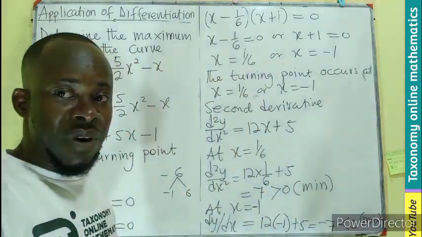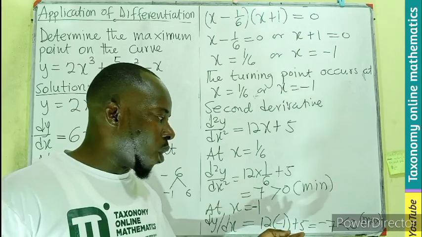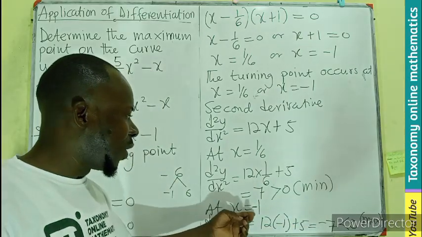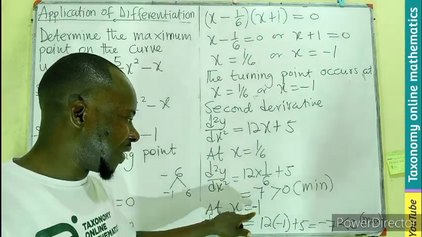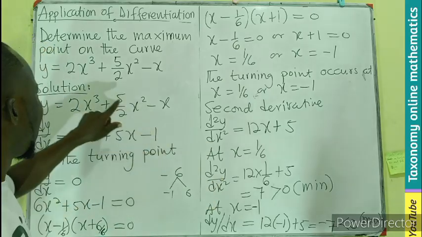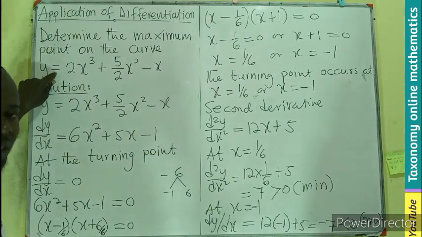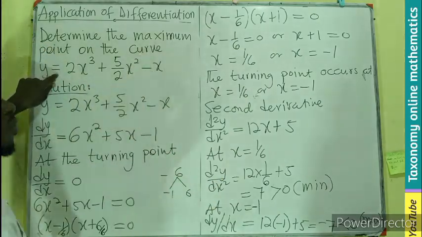So the maximum value of y will occur where x is equal to -1. So this is the value we are going to put into the y equation to get the maximum value of y.